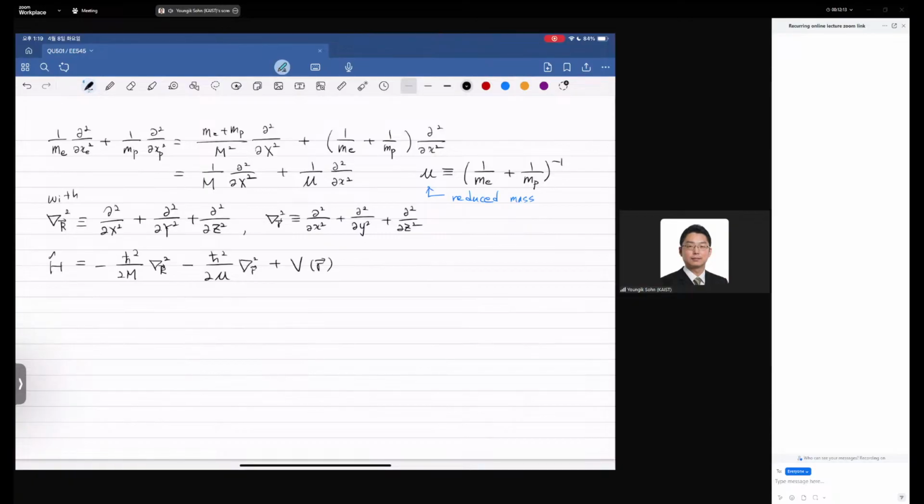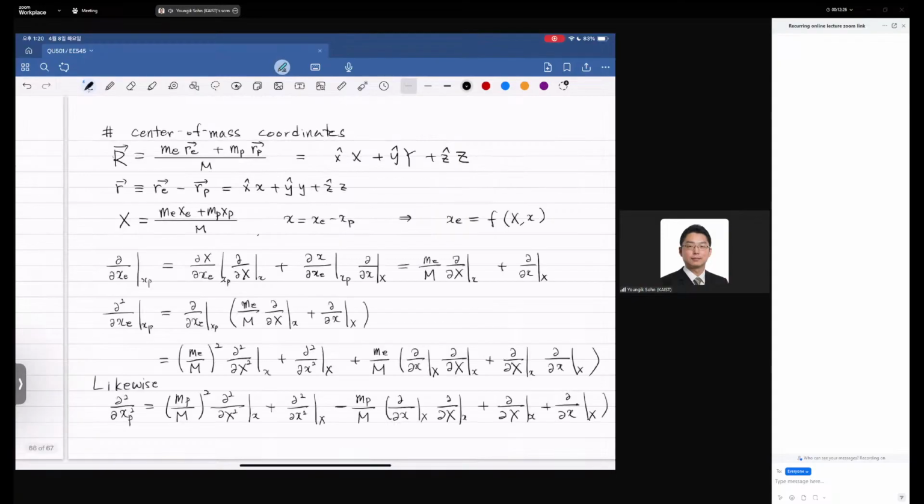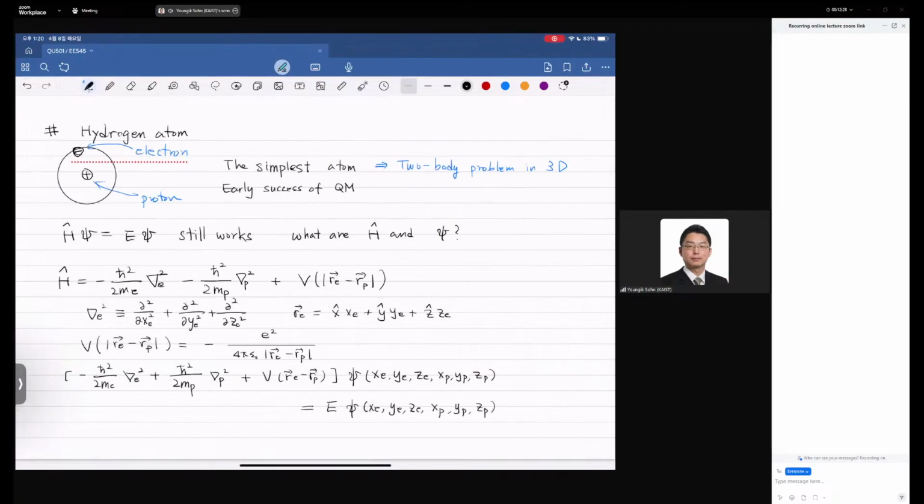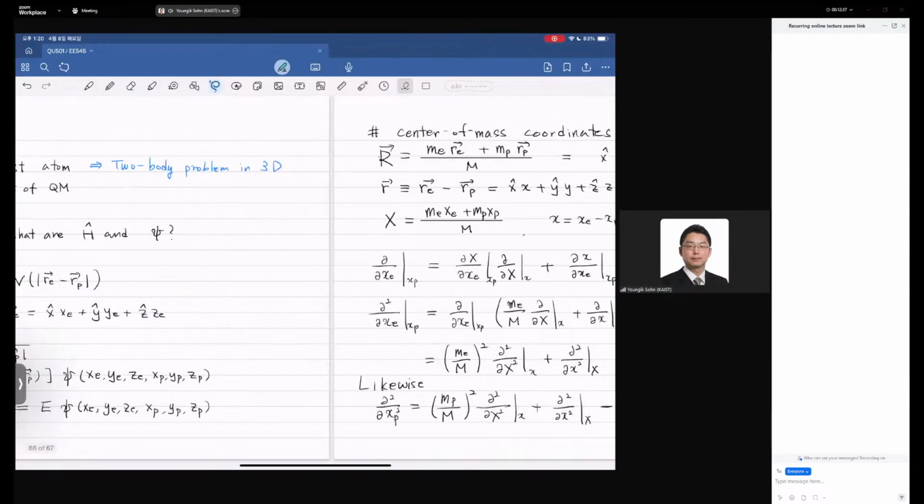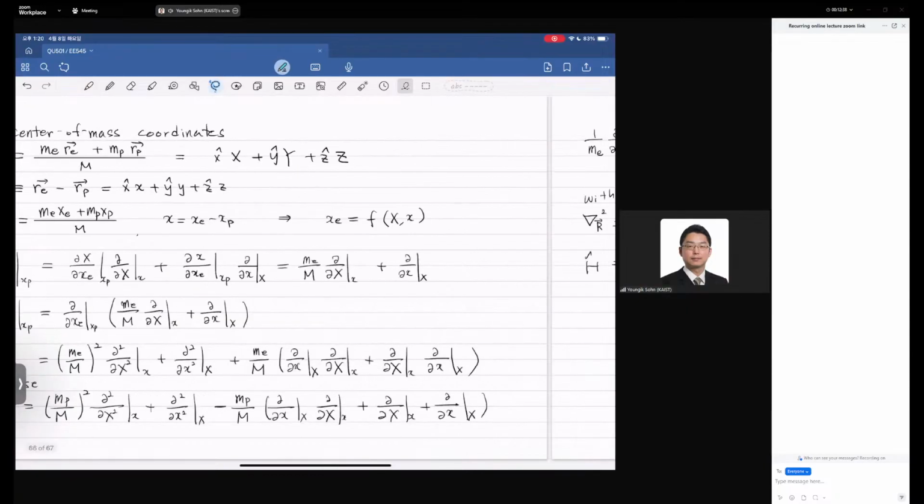The reason why I have done all this tedious, complex calculation: why did we do this? If you go back to the original, in terms of the number of terms, you have not really reduced any.